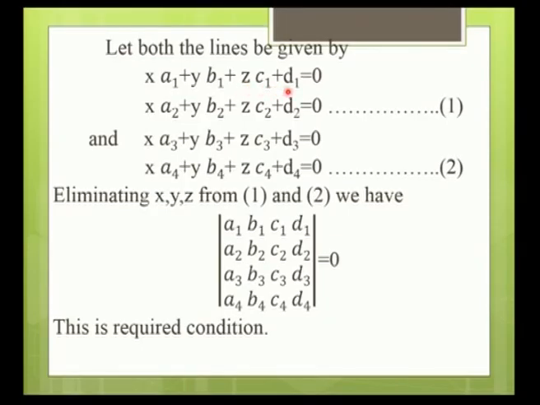So here, a1x plus b1y plus c1z plus d1 equal to 0 and a2x plus b2y plus c2z plus d2 equal to 0 give the equation of one line. Then the equation of the second line is a3x plus b3y plus c3z plus d3 equal to 0 and a4x plus b4y plus c4z plus d4 equal to 0.